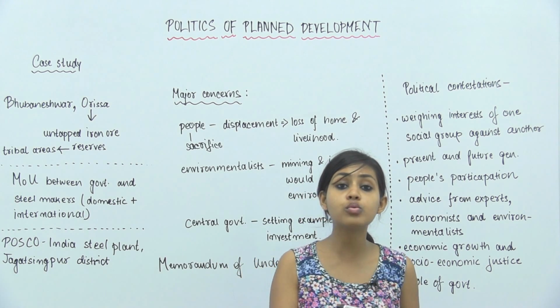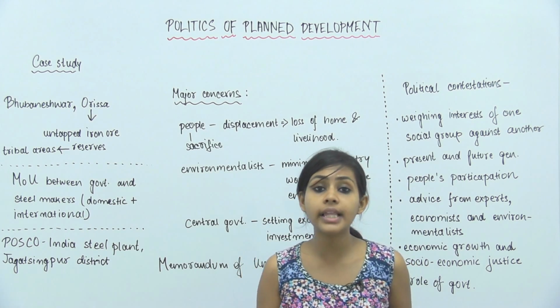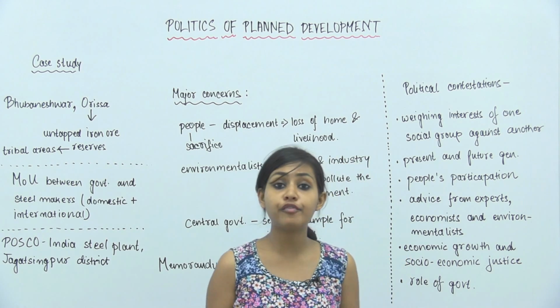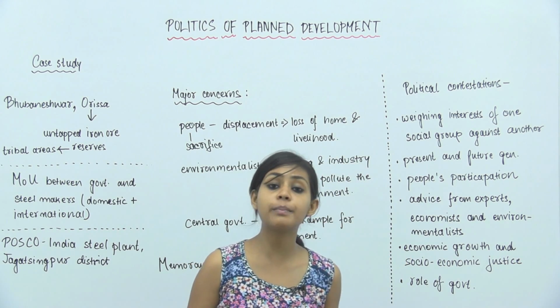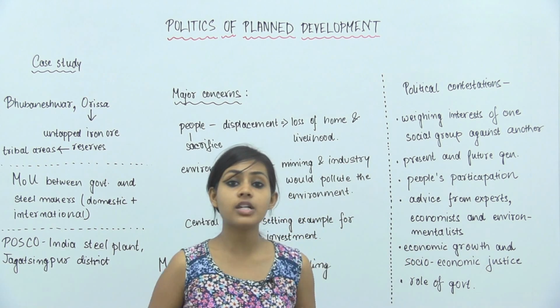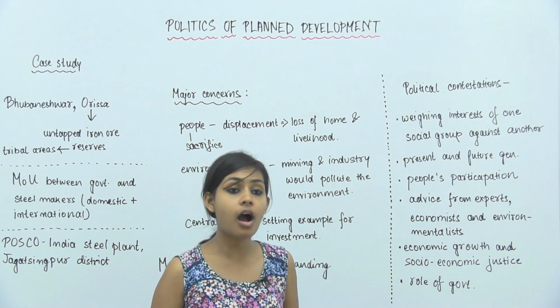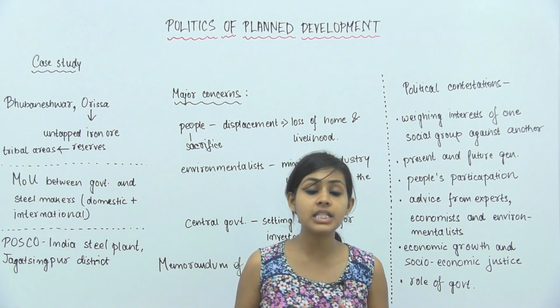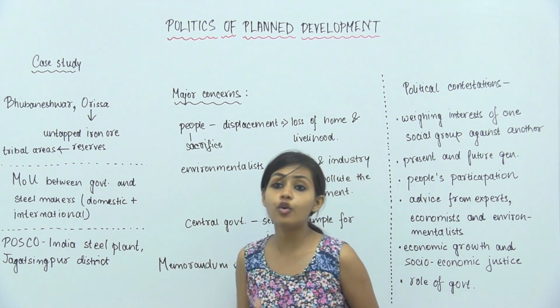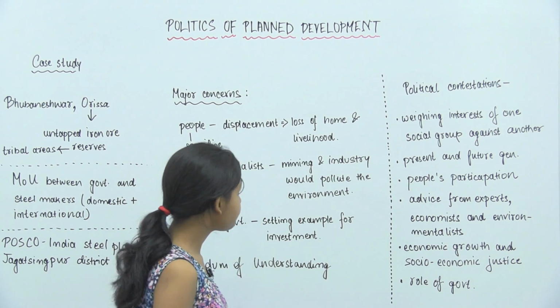There's somebody who's being left behind, somebody who's not able to get any benefit from it, but who's actually suffering because of it. This example was to give us that broader idea about what development means, which we are also going to study further, but it's just an introductory example.